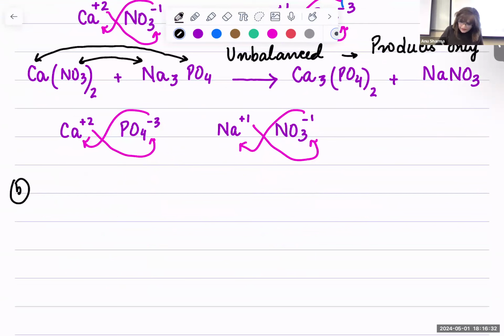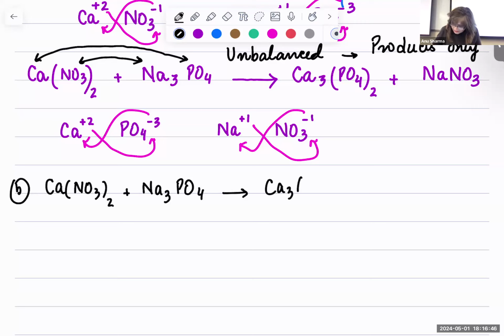So now we have Ca(NO3) whole twice plus Na3PO4, and that gives you Ca3(PO4) whole twice plus NaNO3. Now balancing.